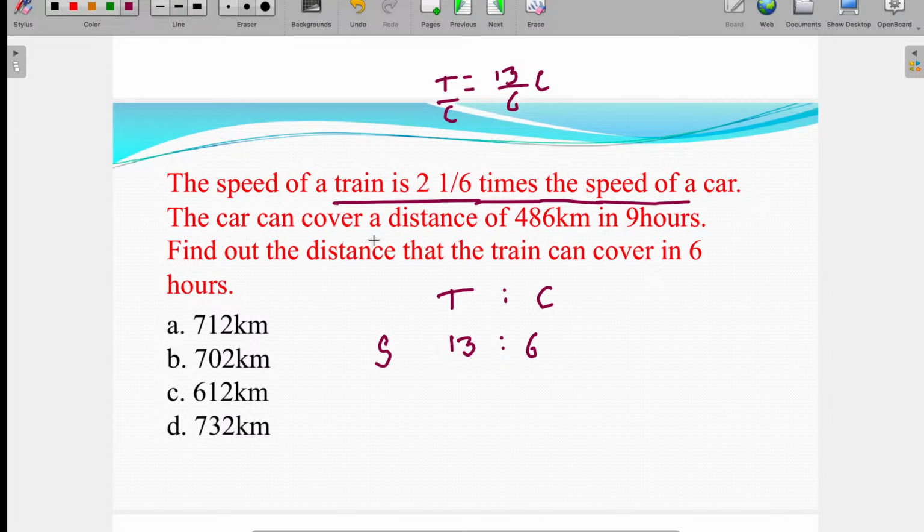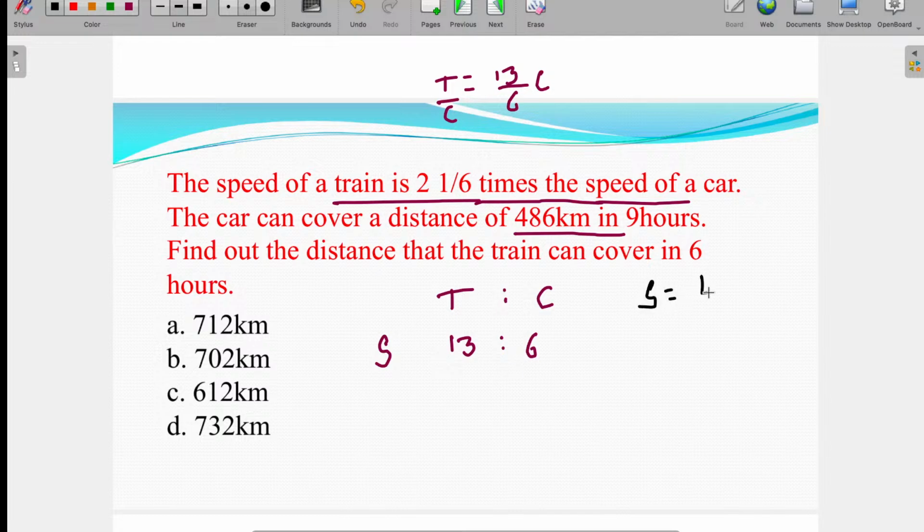A car can cover a distance of 486 km in 9 hours. See, in time, speed, distance, we have 3 variables only: time, distance, speed. If I know 2 variables, I can find out the third variable. I have distance here, I have time here. Can I find out the speed of that car? Okay, I can find out. That is 486 divided by 9, the speed of the car.